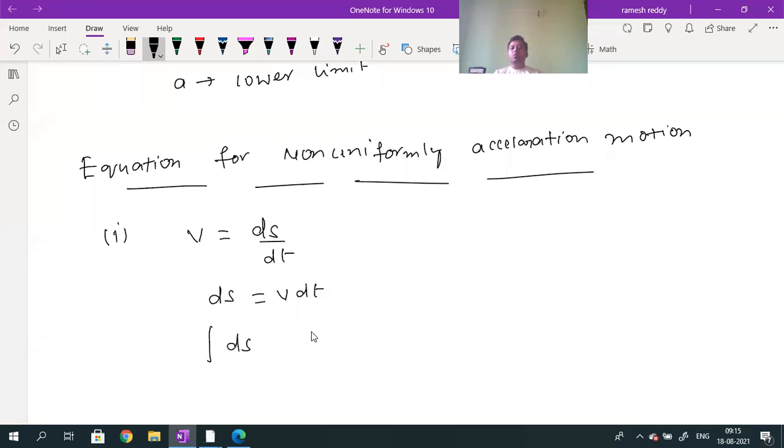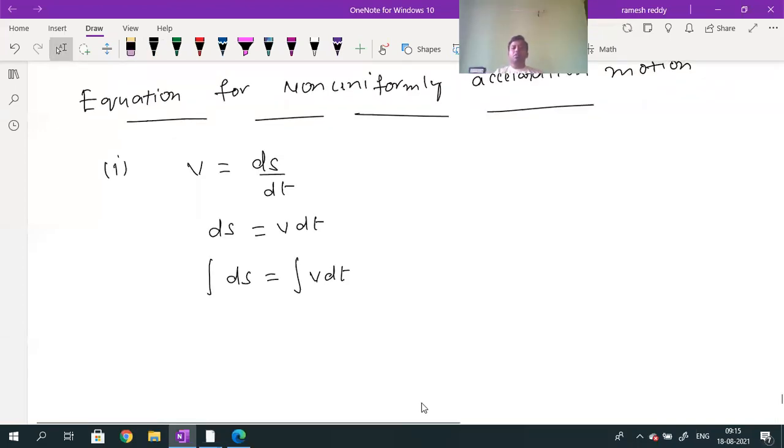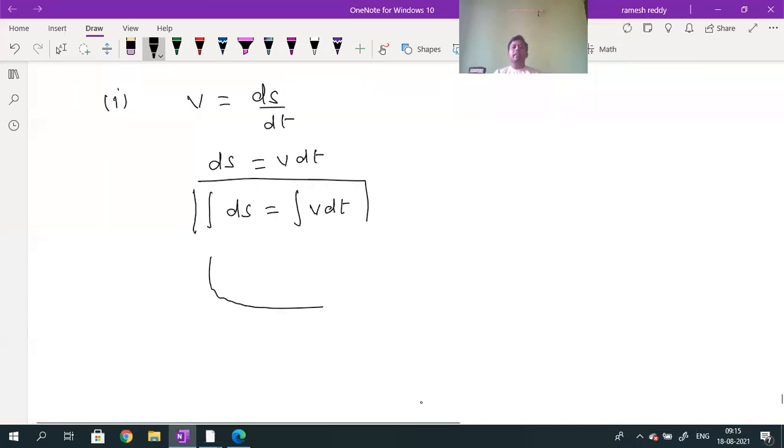Integration of ds will be equal to integration of v dt. So this is the first equation for non-uniformly accelerated motion.